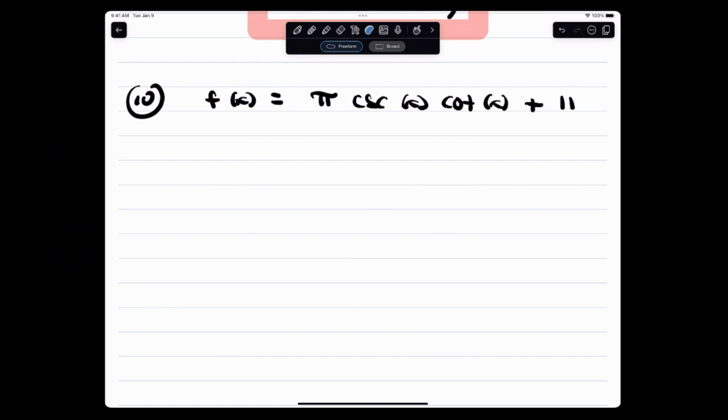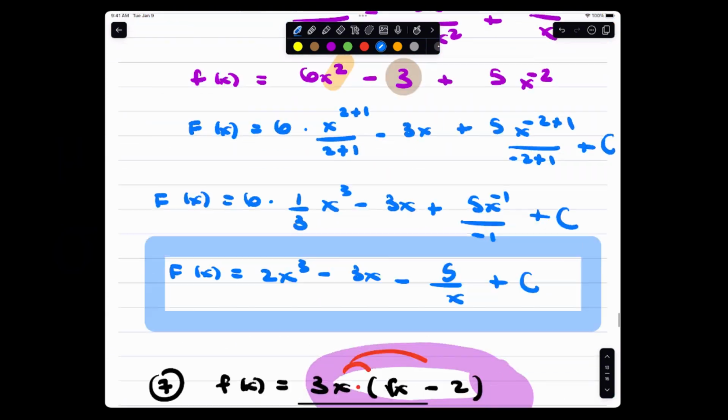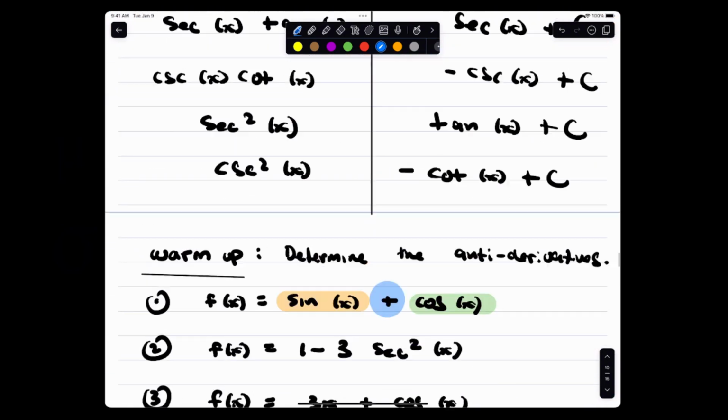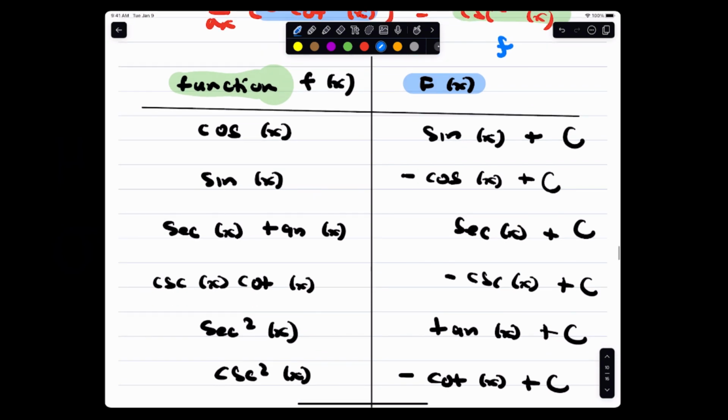Anyway, what's the antiderivative of cosecant cotangent? I don't know. What is it? Let's go back to our list. This is why you have to have that list memorized. Yes, minus cosecant. You guys see what I'm saying?